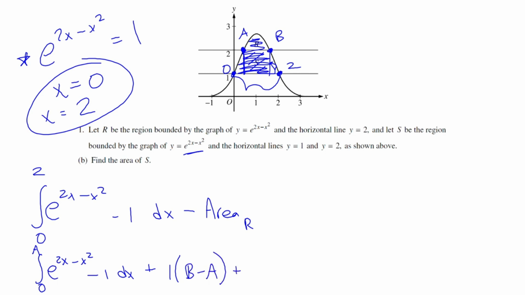And then we would add to that the integral from b to 2 of e to the 2x minus x squared minus 1 dx. Either way you do it, you're going to get the same answer. I'm just going to evaluate it on the first one.